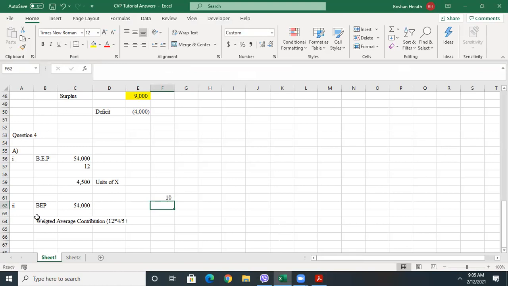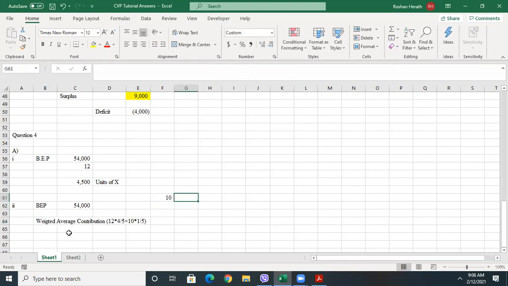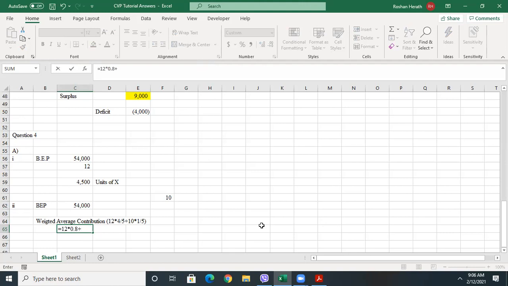It's 10 per unit. Contribution of Y is 10 per unit multiplied by 1 divided by 5, or 20%. So once we apply that, it is going to be 12 into 80% plus 10 into 20%.